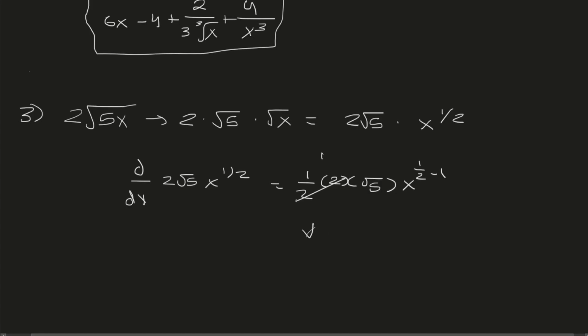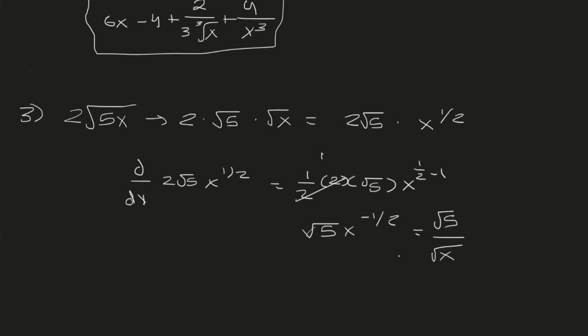So now we get the square root of 5 times x to the negative 1/2, which, simplifying further, because we're going to move this term to the bottom, will give us the square root of 5 over the square root of x. We're just converting it back into square root form. And since we're dividing two square roots, we can envelop them under one whole square root. So our final function could be the square root of 5 over x.